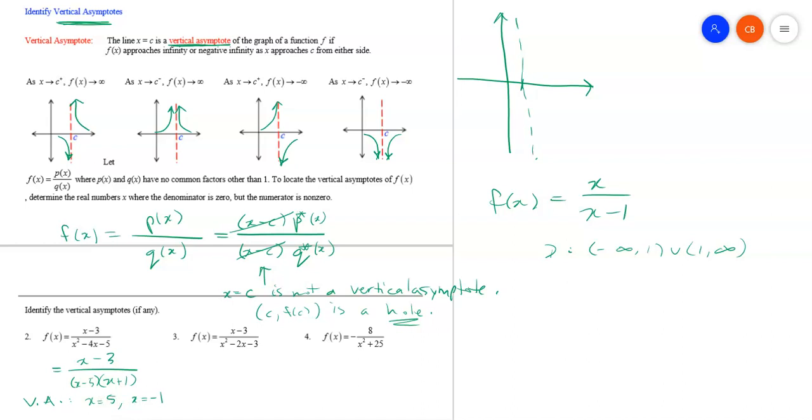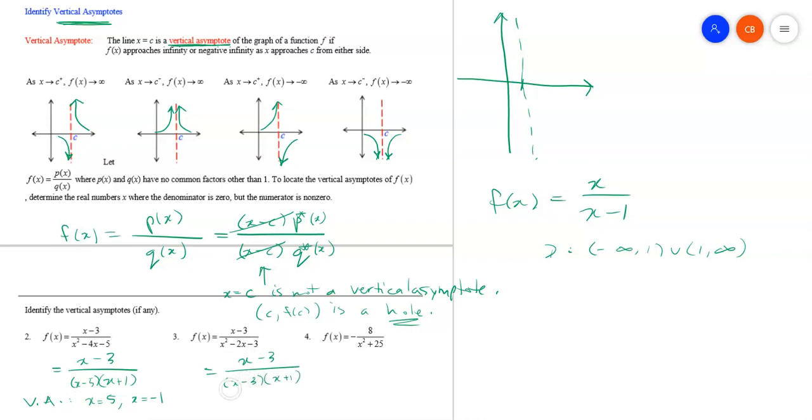Now let's see for this one that goes x minus 3 on top again, but now we have a different denominator. So x minus 3 on top, and we can factor the denominator here. We need things that will multiply to give negative 3 and add up to negative 2. So one of the factors will go minus 3, the other factor will go plus 1.